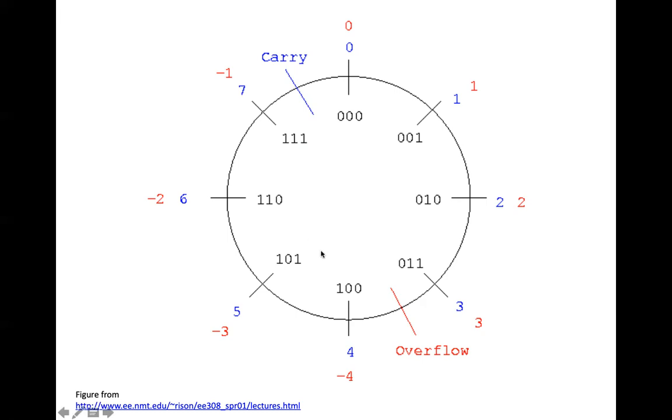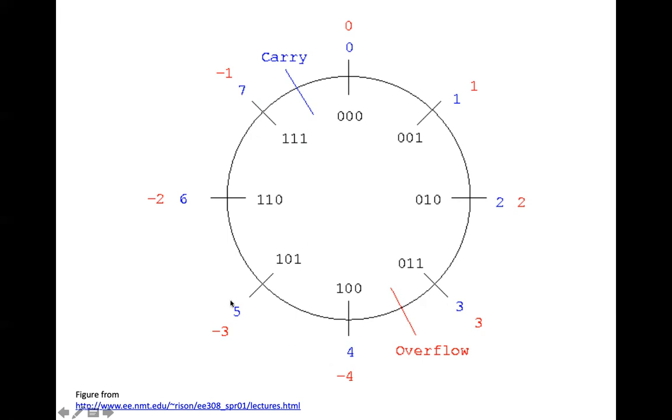So instead we wrap around to -4, then we keep counting up, -3, -2, -1, and then 0. In one of the representations, we have a discontinuity between 7 and 0 when we cross this border. In the other representation, we don't have a discontinuity here. We have one over here where we have a wraparound from 3 to -4.